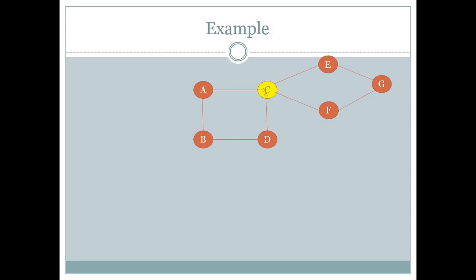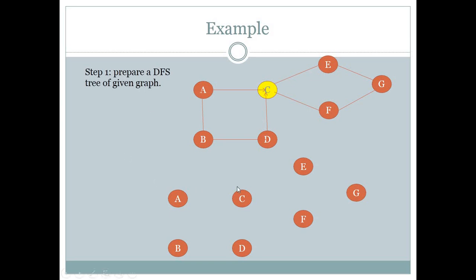So we have this type of example, a graph in which we have to find the articulation points. Step number 1 says prepare a DFS tree of the given graph. For preparing a DFS tree, we have to select a starting point and then find the other nodes.